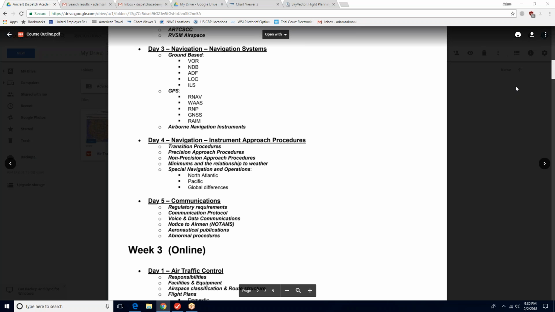That would work. Anybody want to name 2 different types of precision approaches? ILS and GPS. ILS, and what was the other one you said? RNAV or GPS. RNAV and GPS would technically both be considered non-precision. Oh, okay.